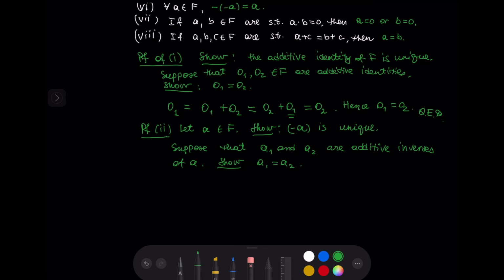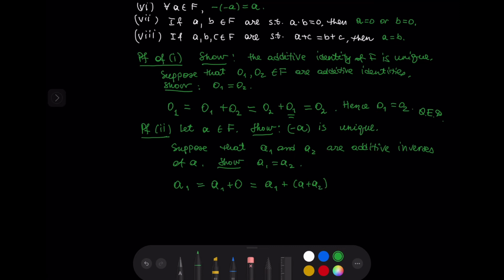Okay, so A1 is the same as A1 plus 0, because when we add 0, we do not change anything. But 0 is the same as A plus A2.